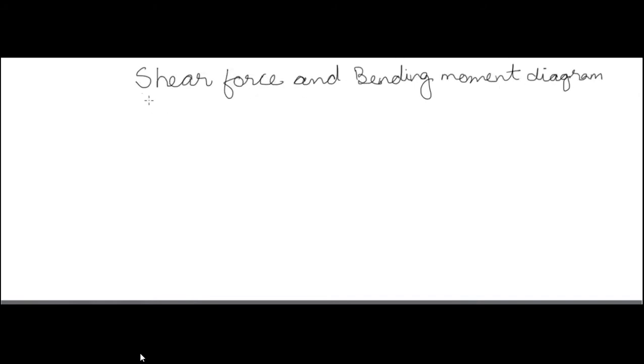Now the next topic in strength of materials is shear force and bending moment diagram. Along the length of any beam, whether it's a fixed beam, simply supported beam, or cantilever beam, there will be shear forces and a bending moment due to these shear forces.